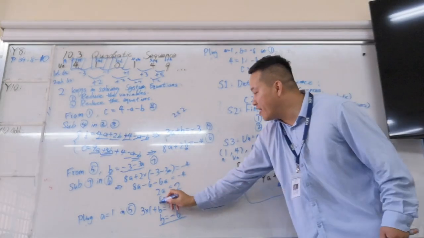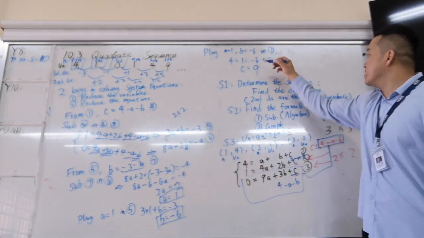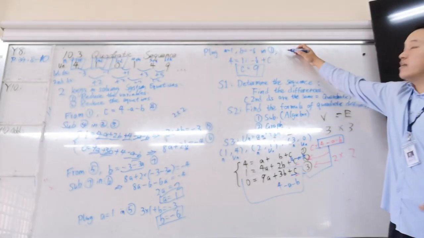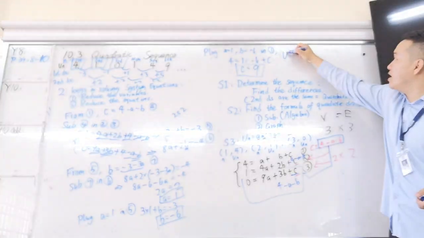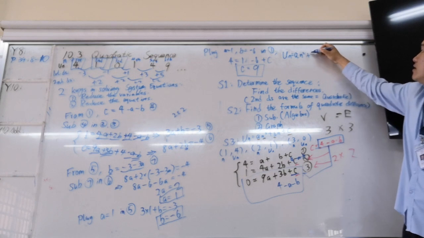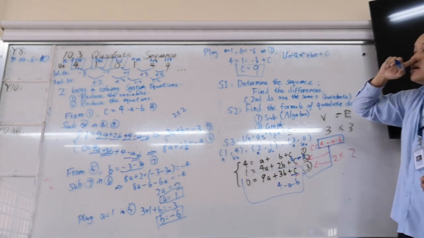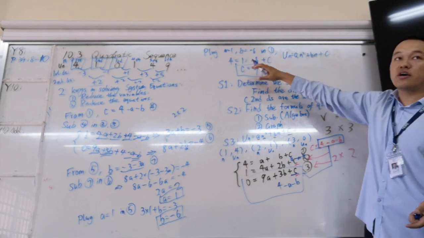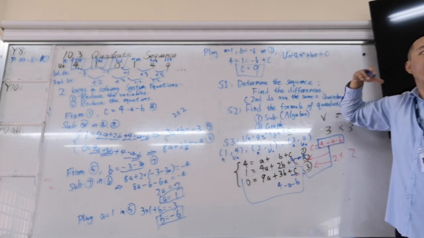Now you got the value for A, you got the value for B, minus 6, and you got the value for C, 9. What's the formula again? Un is equivalent to an squared plus bn plus c. Now how about I just plug them all back in? You don't have to write it down.